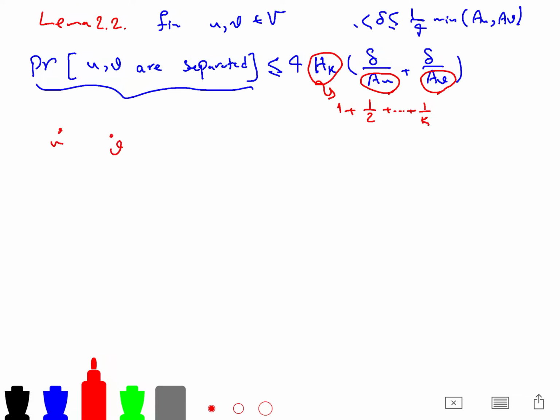For example, if U and V are here, AU is the smallest terminal that is close to U, and AV is the smallest terminal that is closest to V. So if AU is big and AV is big, the overall number becomes small.